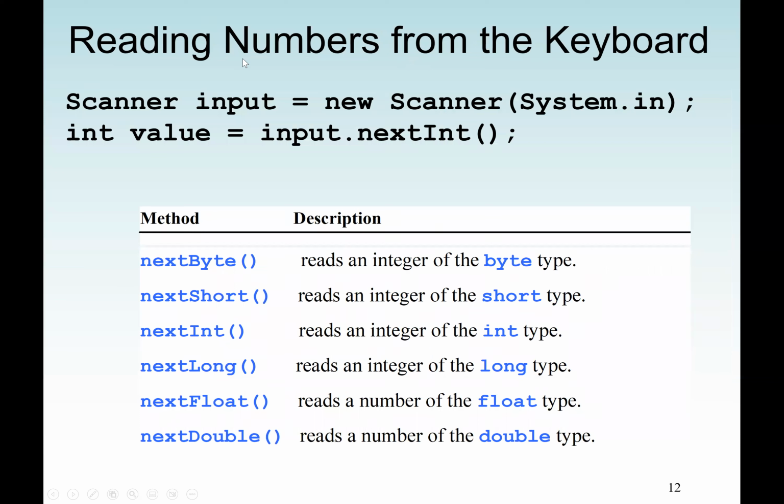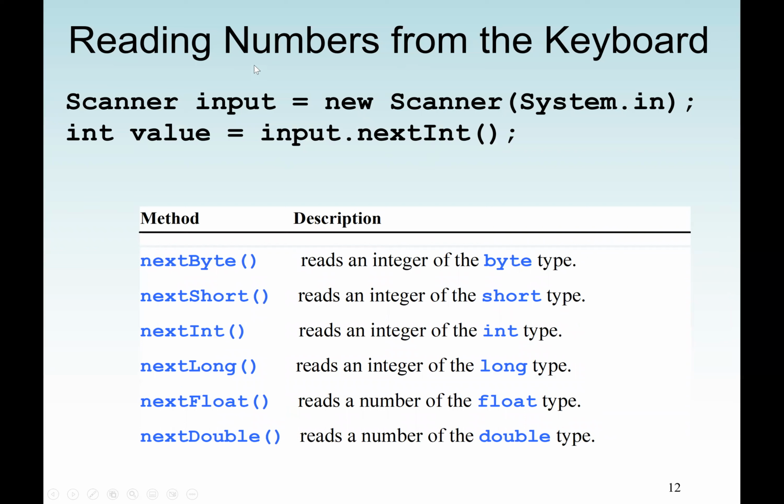Next, we can also read numbers from the keyboard, as we said earlier in our previous lectures. But to do that, we need to use the Scanner class. The Scanner class is inside the Java package that we call java.util, so we always need to import the java.util package.